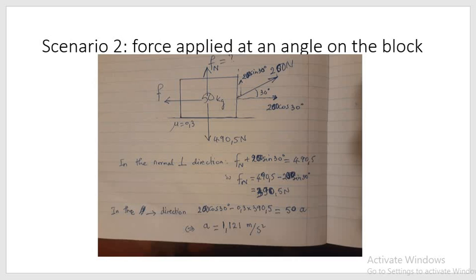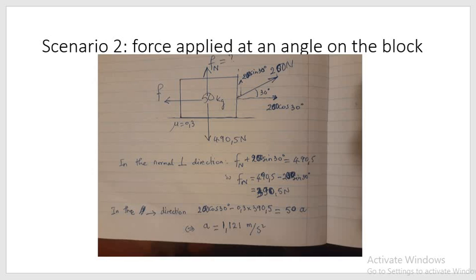In that case, the inventory of forces in the vertical direction will give Fn going upward, the weight going downward, and a component of that driving force, which is the driving force times sine of the 30 degrees, also going upward. In the horizontal direction, we'll have the component of the same driving force, parallel to the surface, which is the 200 cos of the 30 degrees.